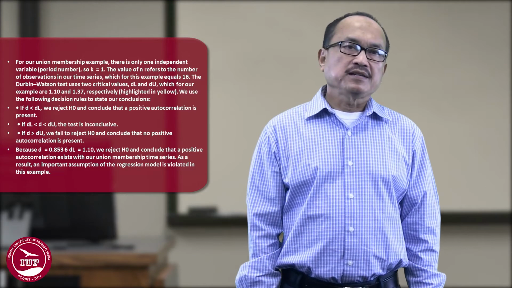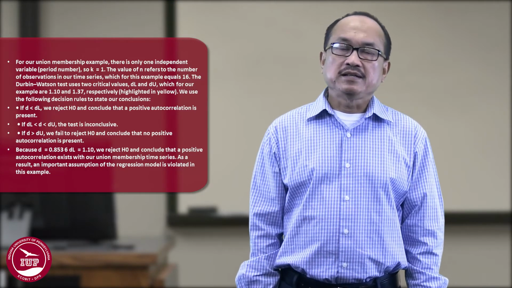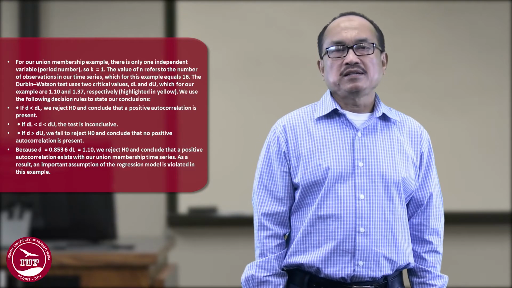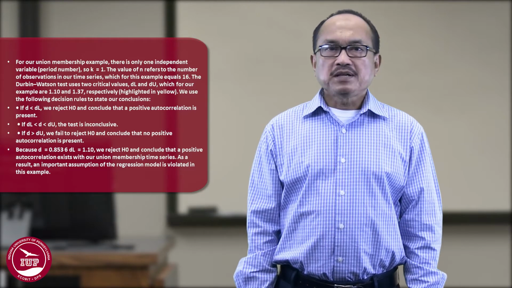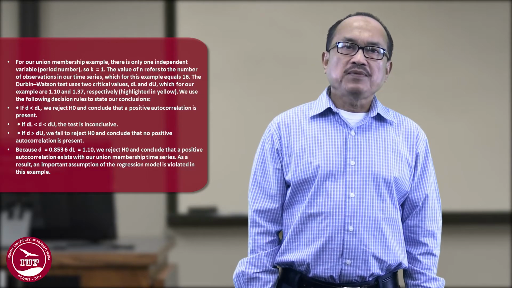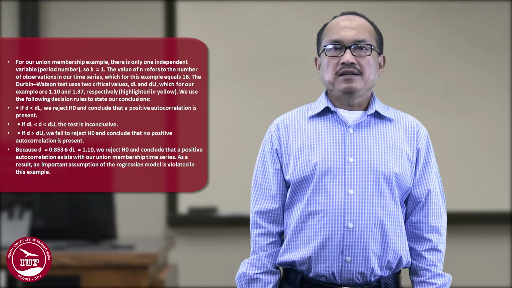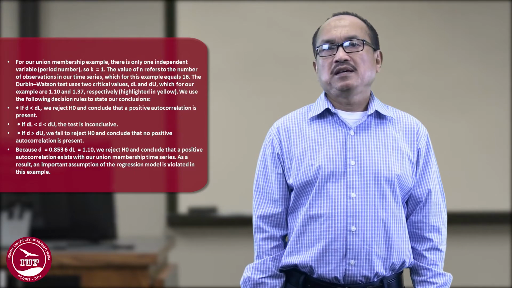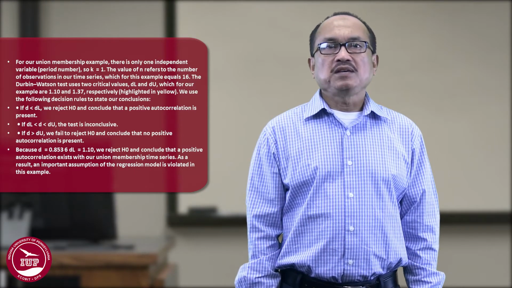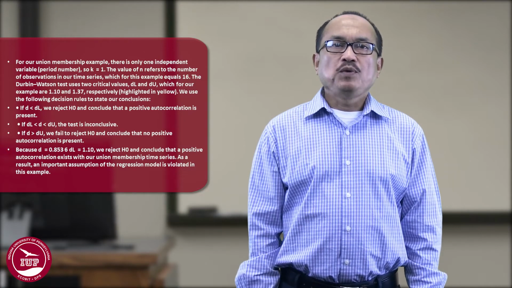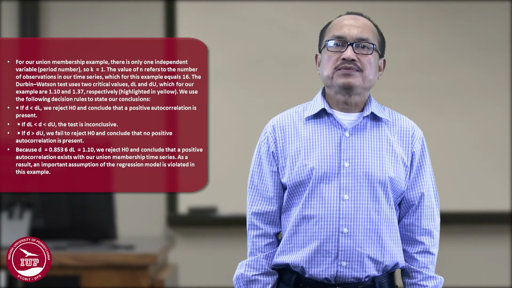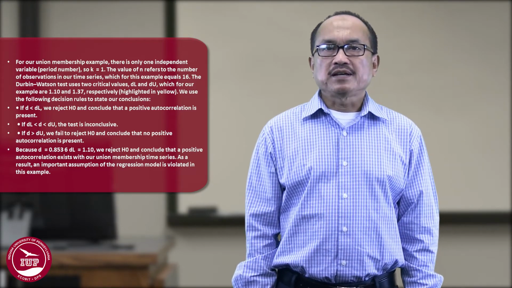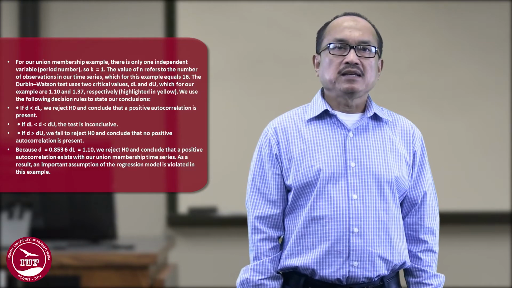If d greater than dU, we fail to reject the null hypothesis and conclude that no positive autocorrelation is present. Because d equal to 0.8536, less than dL equal to 1.10, we reject the null hypothesis and conclude that a positive autocorrelation exists with our union membership time series. As a result, an important assumption of the regression model is violated in this example.